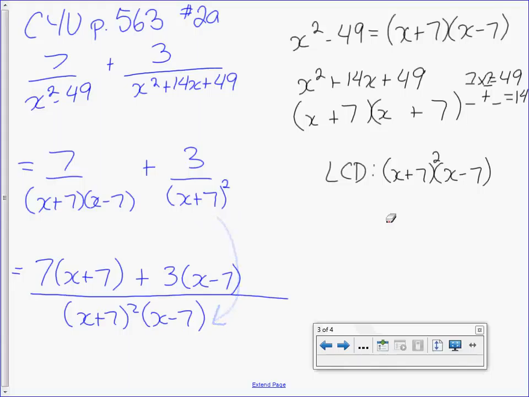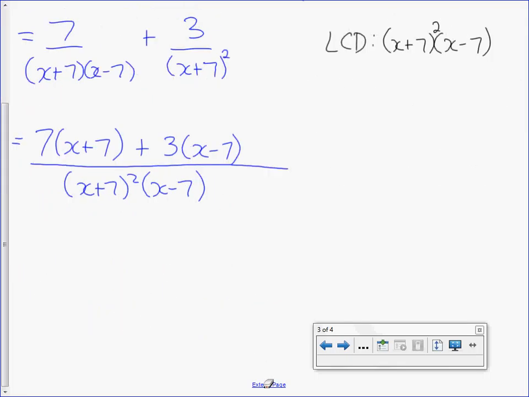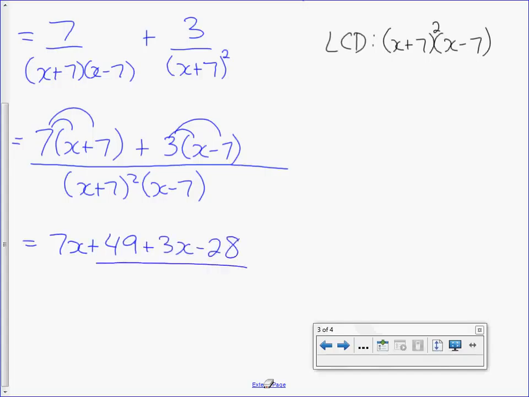Okay, so now that I've done that, I'm going to simplify my numerator. So I'm going to multiply things out. That times that, that times that. So I get 7x plus 49 plus 3x minus 28 all over (x plus 7) squared, (x minus 7).